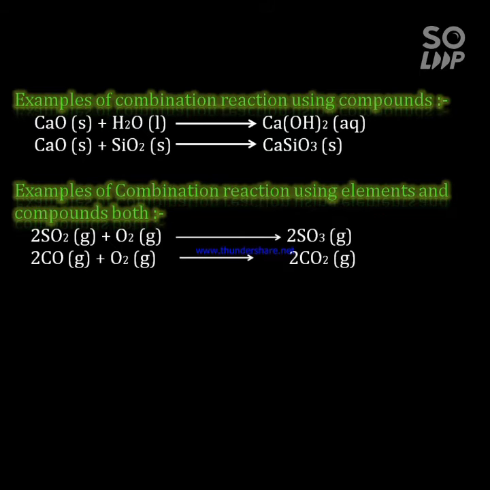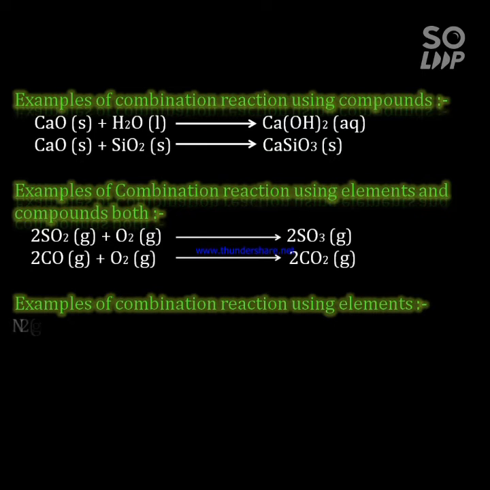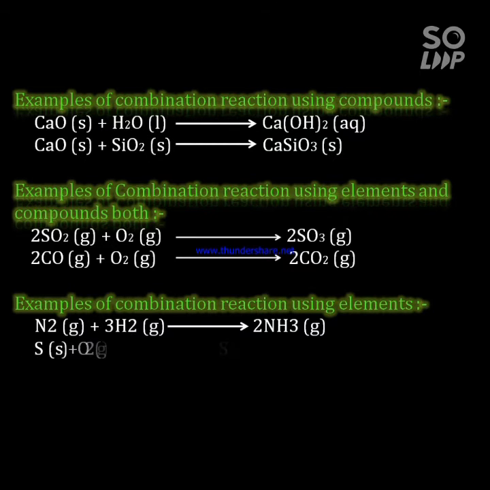Let us move on to the examples which contain only elements combining with each other. Nitrogen gas combining with hydrogen gas to form ammonia. Another example is sulfur combining with oxygen to give sulfur dioxide. Now observe here students that nitrogen gas, hydrogen gas, sulfur, oxygen, all the elements in both of these reactions on the reactant side are in elemental form.